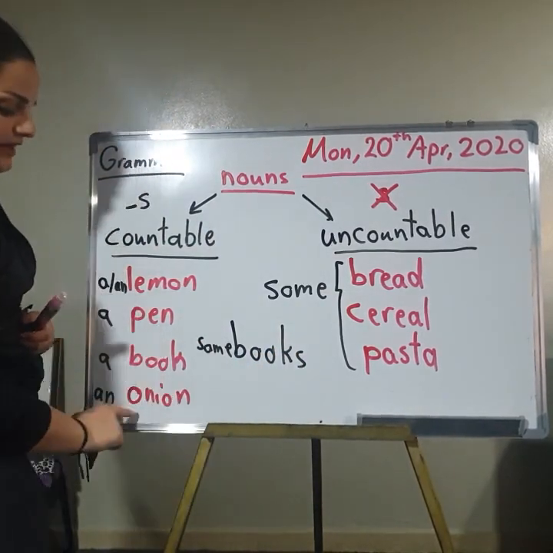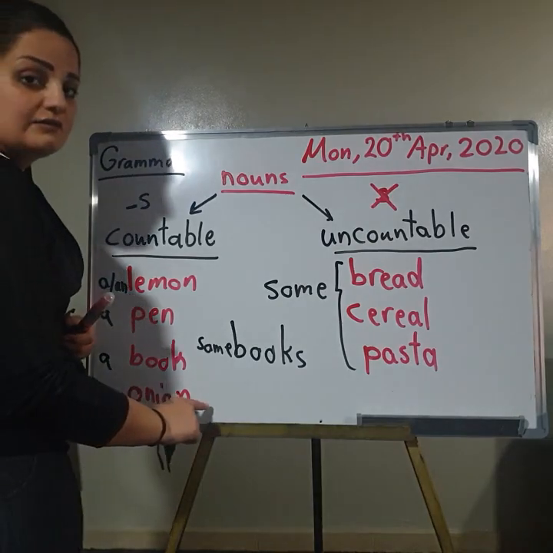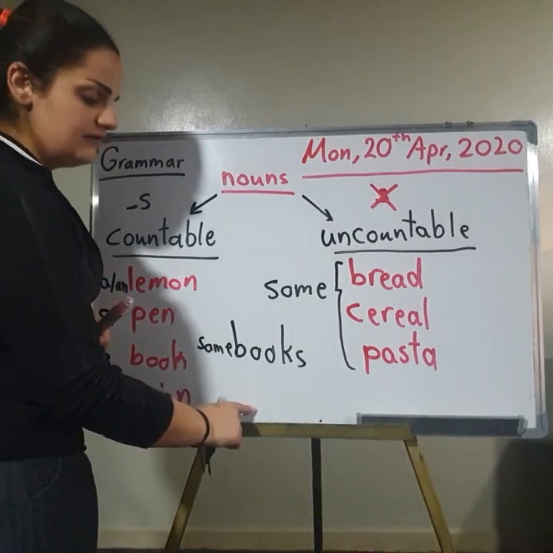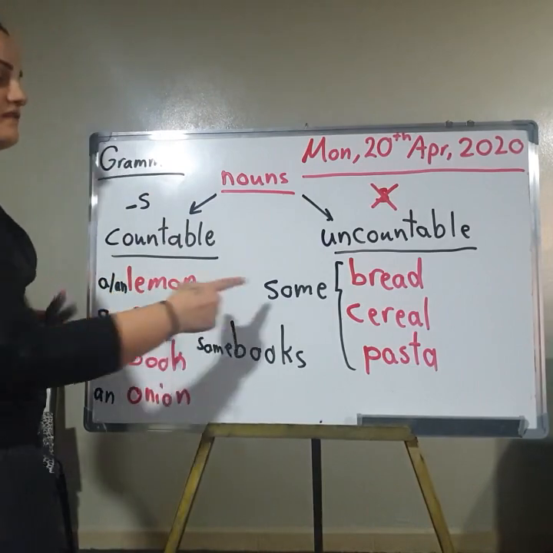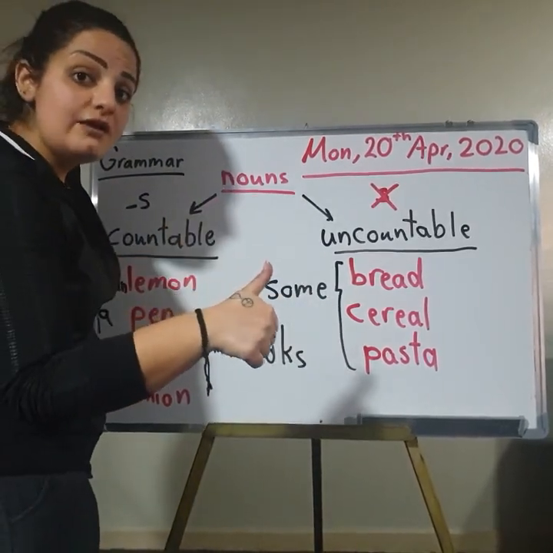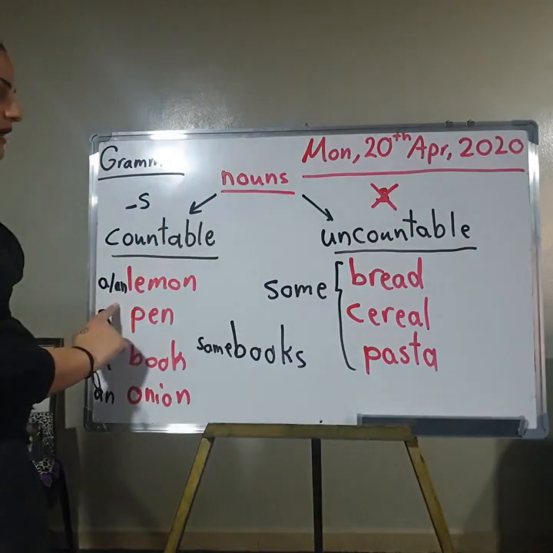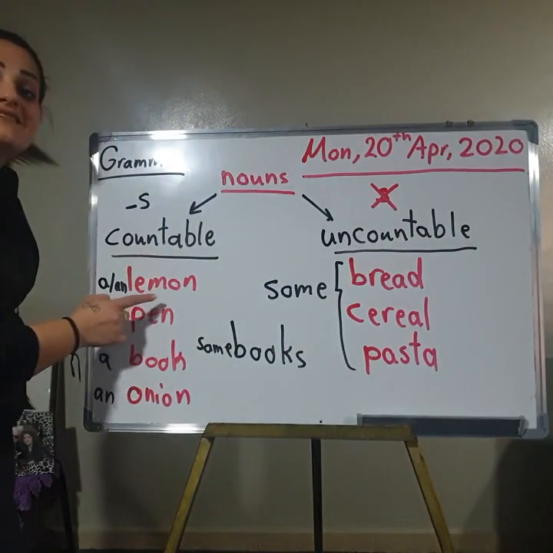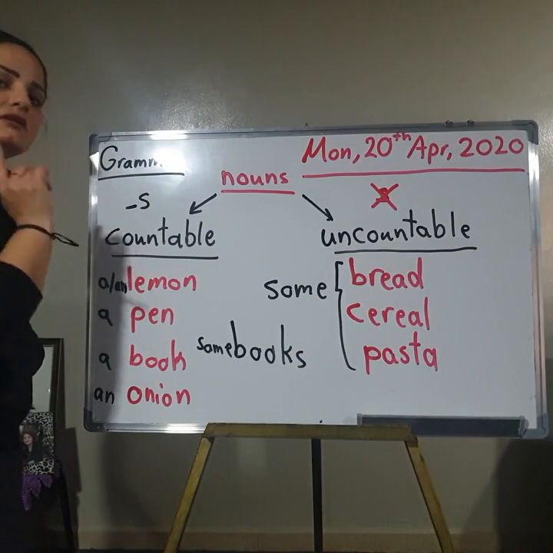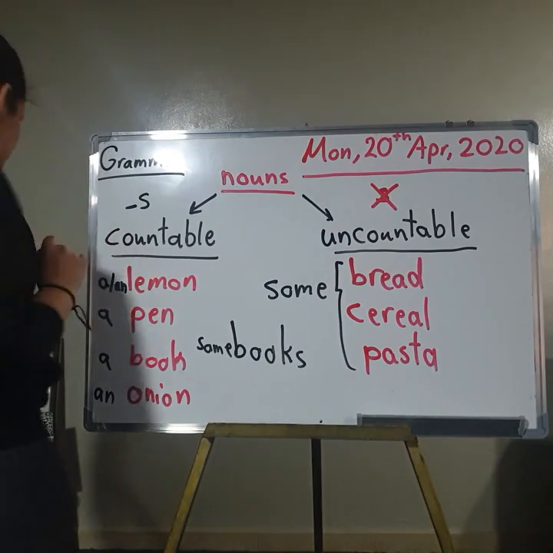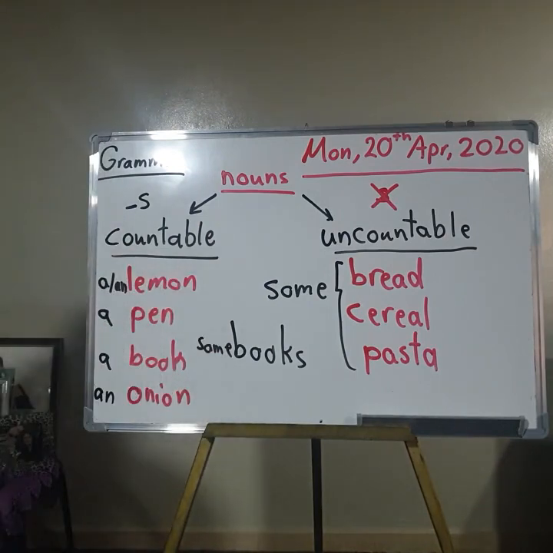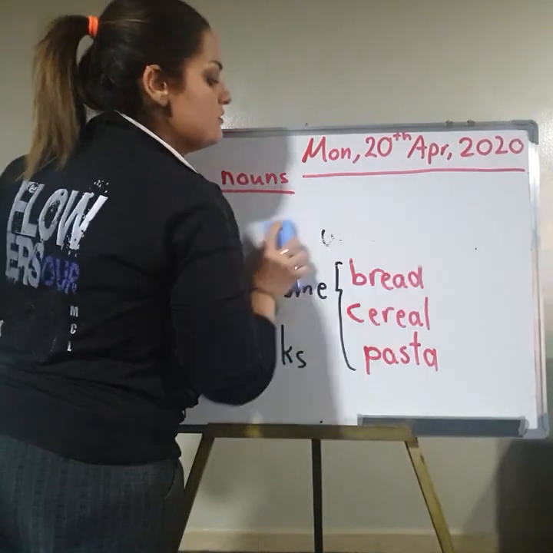Okay, if I have onions, I say some onions. Okay, so I can use some with plural nouns and with uncountable nouns. And a or an, I use them with only singular countable nouns. Okay, so this is the first thing I want you to understand.